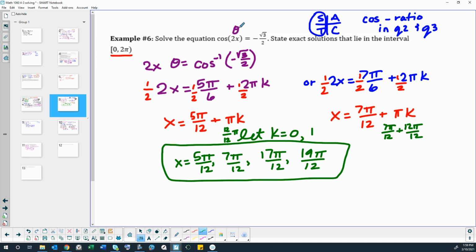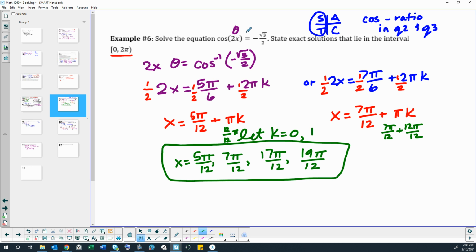So something really interesting: if all this had been just theta, then the answers for theta from 0 to 2 pi would have been 5 pi 6 and 7 pi 6, and we would have been done. There would have been two answers, one in each of the quadrants where cosine is negative. But because it was 2x, that made it so that we had 4 answers.